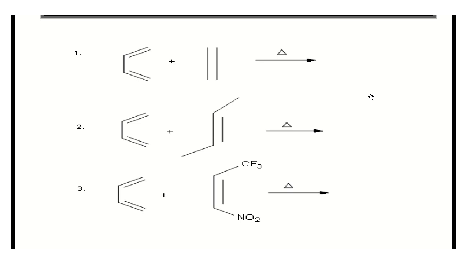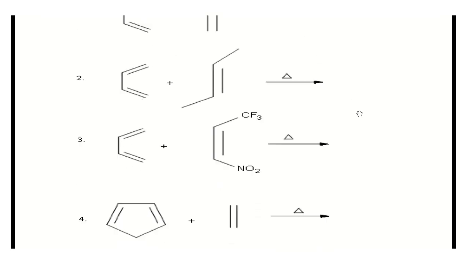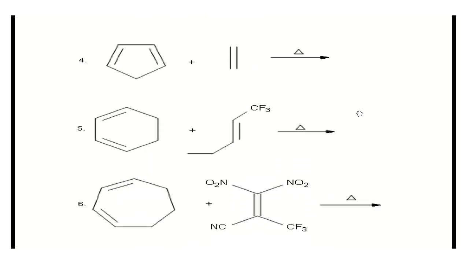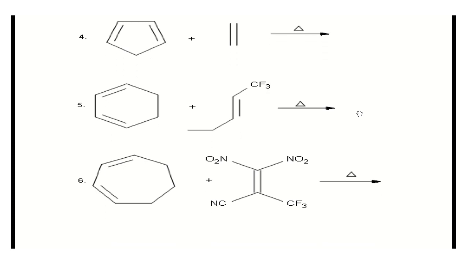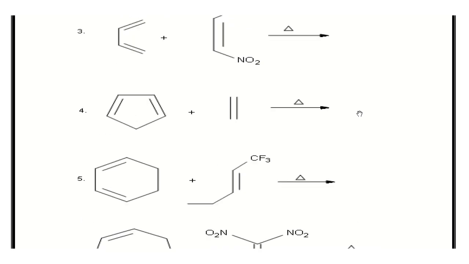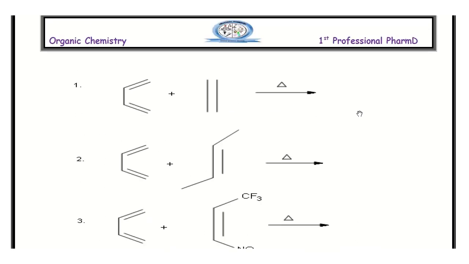We have already discussed the first question in this lecture, that is, what the product will be when 1,3-butadiene is reacted with ethene. You may draw the products of questions 2, 3, 4, 5 and 6 in your copy for your practice. These will all be part of your exam.